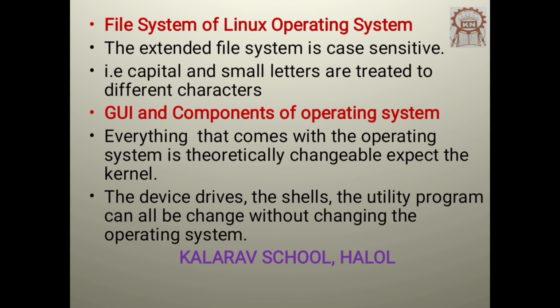Next, GUI and components of the operating system. Everything that comes with the operating system is theoretically changeable except the kernel. The device drivers, the shells, and the utility programs can be changed without changing the operating system.